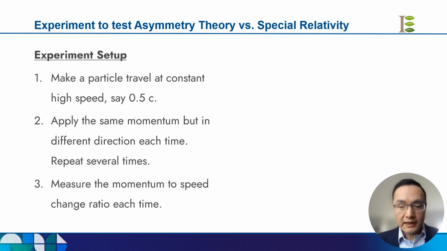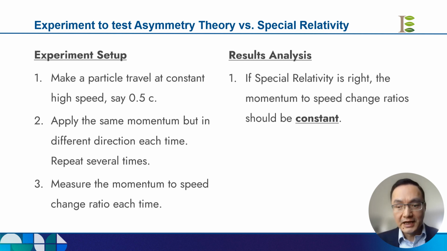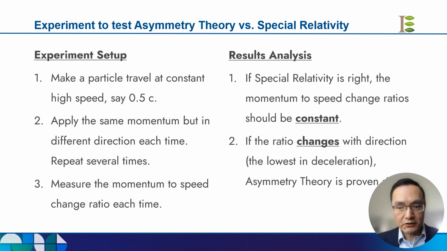We can measure the momentum to speed change ratio each time. If special relativity is right, the momentum to speed change ratio should be constant because it has nothing to do with direction. If the ratio changes with direction, asymmetry theory is proven right.